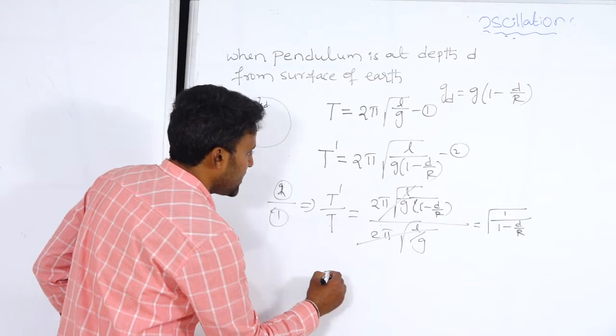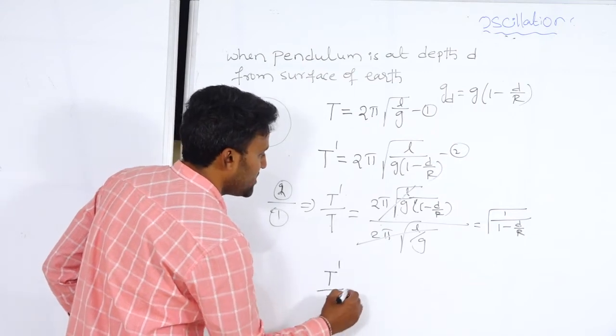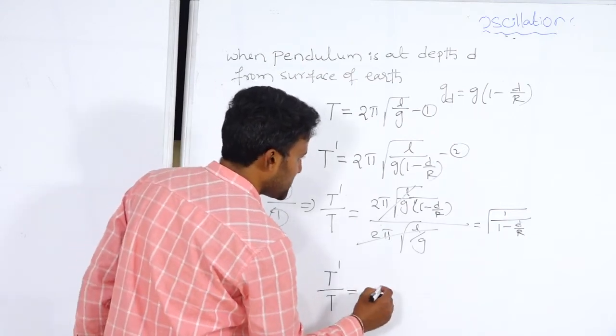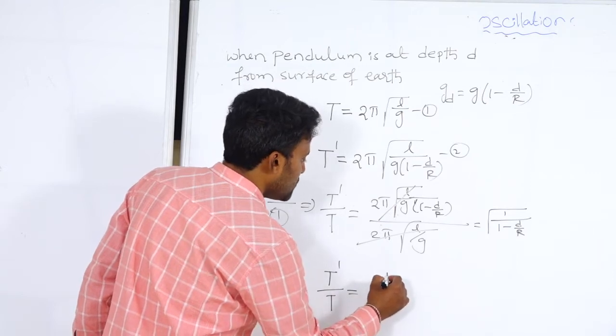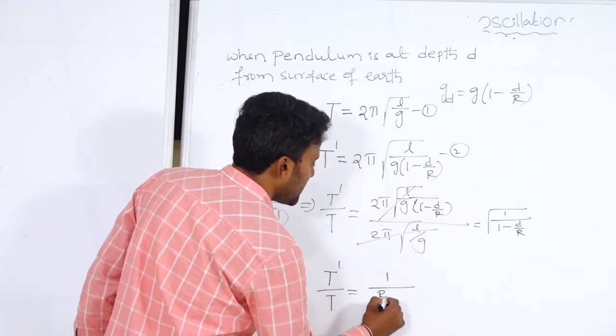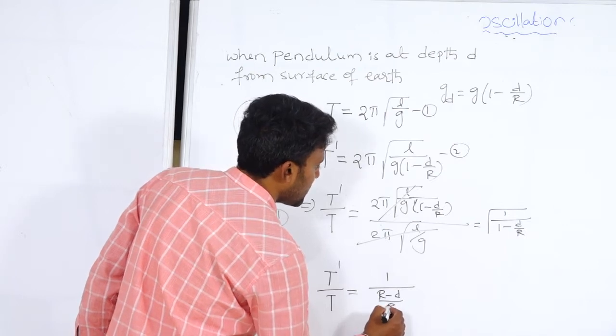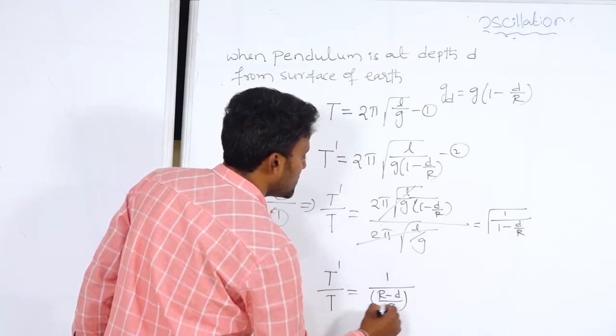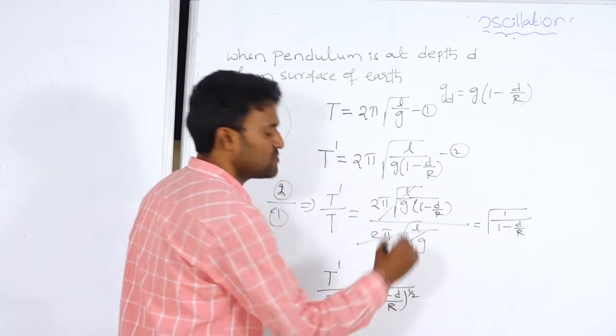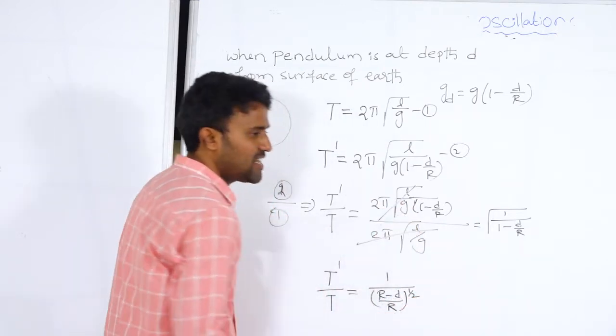T dash by T is equal to (1 divided by (1 minus d by R)) to the power of 1 by 2. Otherwise, we can write it like this also.